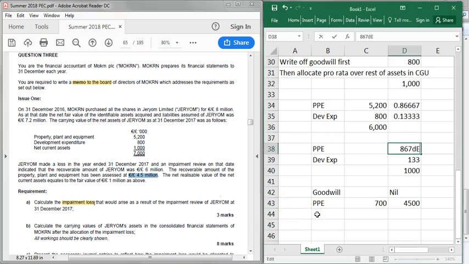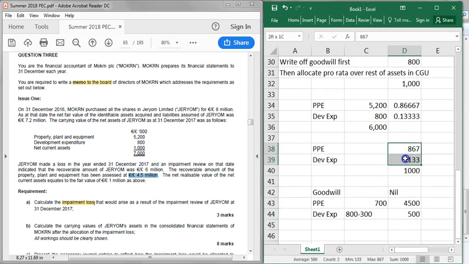So that means your development expenditure here will actually get written down 800 minus, you've already written 700 of the million down, so you're going to take off the other 300, which leaves you with 500 there.